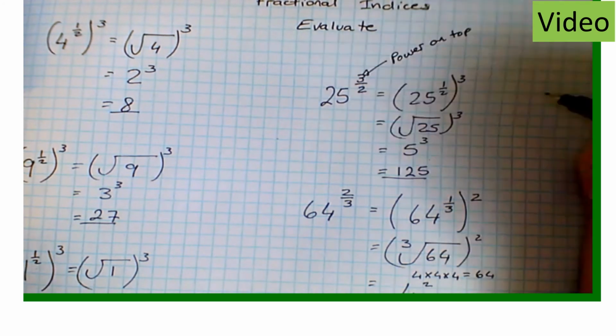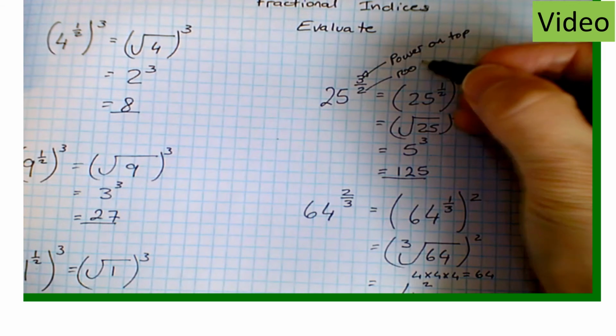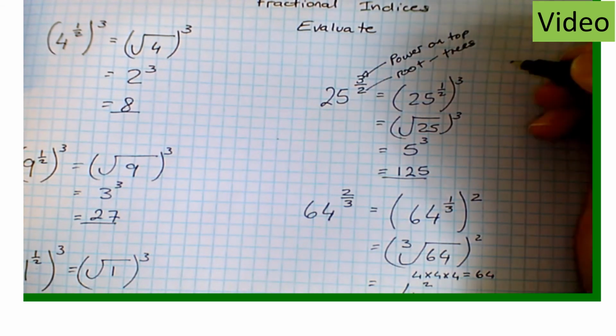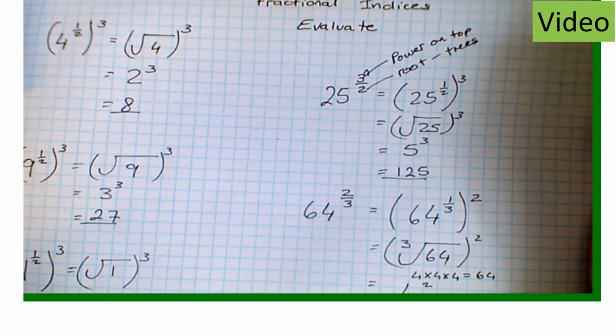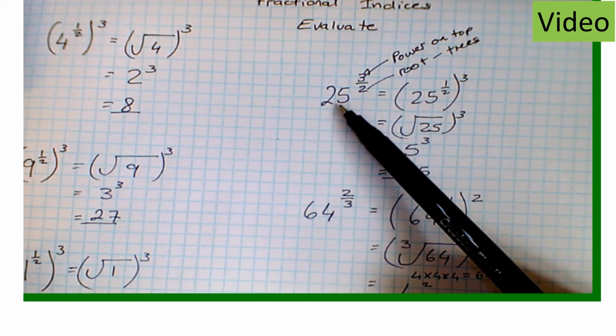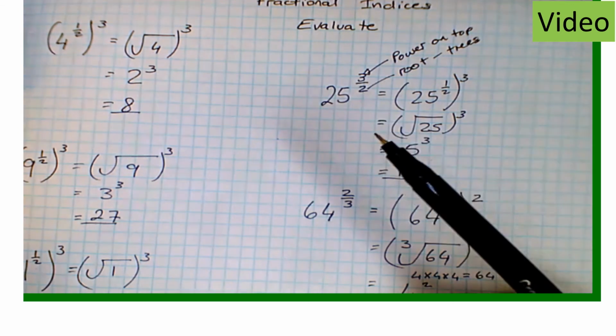Because if you've got any power, power in government, power anywhere, it comes from the top, they say. And the bottom, the root, I think of as being at the bottom because trees have roots at the bottom. Okay, so that's another way to remember it. I would think, okay, here I need the square root of 25, and then I need to raise it to the power of 3.